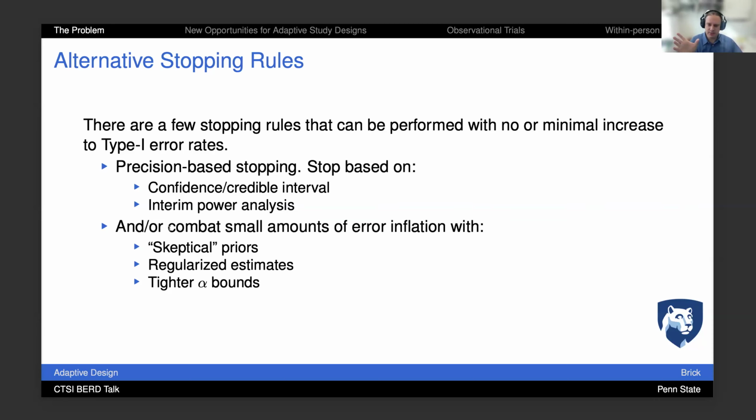You can use regularized estimates, which also can pull estimates towards 0. You can use tighter alpha bounds, so use a 0.01 instead of a 0.05. But all of these are really fighting the same problem, right? They're just trying to balance the inflation of type 1 error rate with different approaches. And most of the time, there's an error spending function that you can use that'll do better in terms of power than using these approaches.